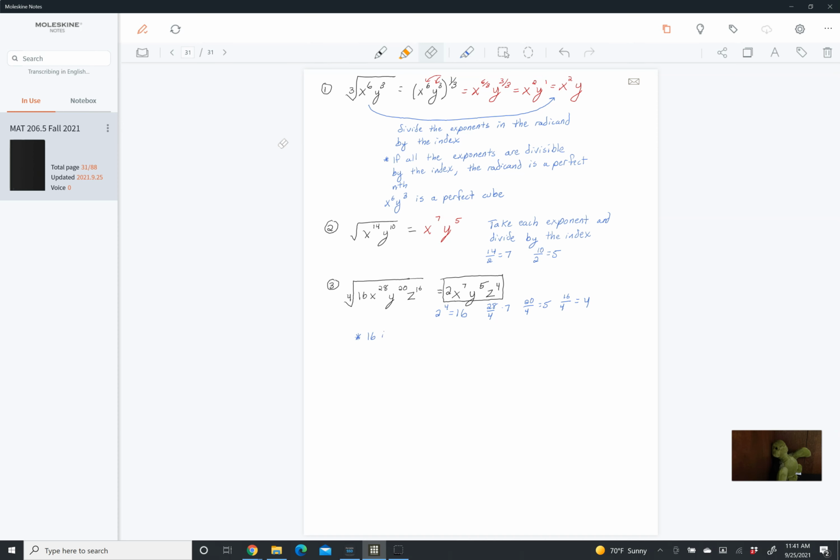This 16 is not an exponent. So you wouldn't divide by the index.